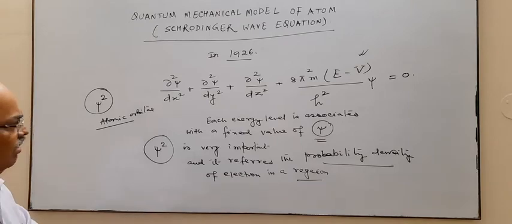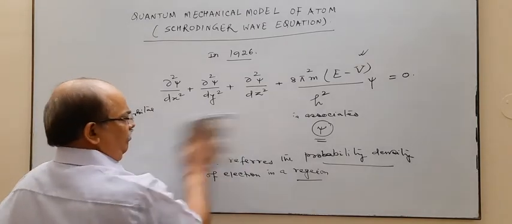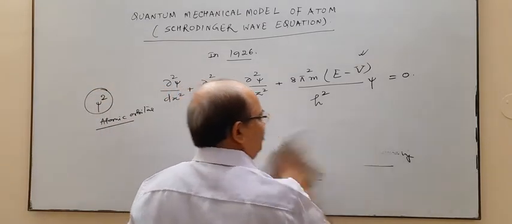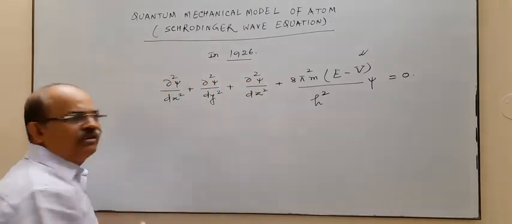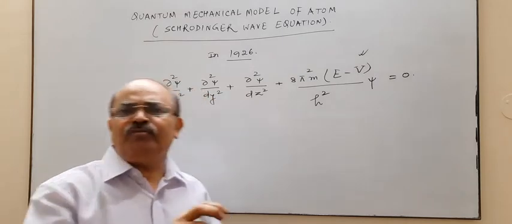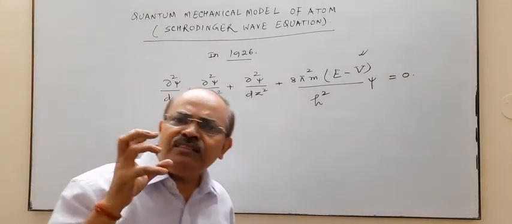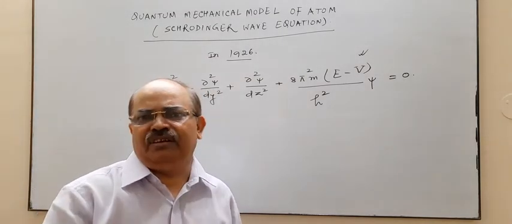Now the main outcome of this Schrodinger equation is the concept of quantum numbers and the concept of orbital.